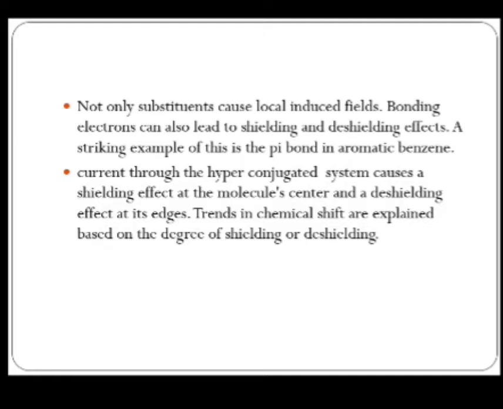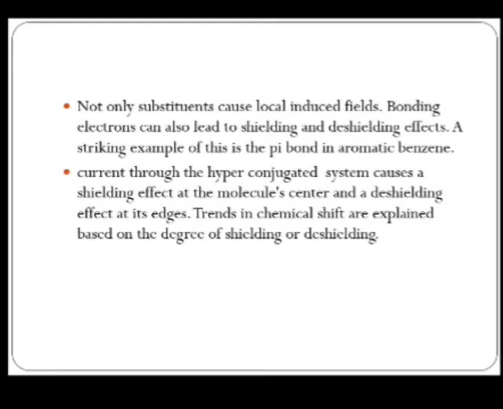Not only substituents cause a local induced field, bonding electrons can also lead to shielding and de-shielding effects. A striking example of this is the pi bond in aromatic benzene. Current through the hyperconjugated system causes a shielding effect at the molecule's center and a de-shielding effect at its edges.